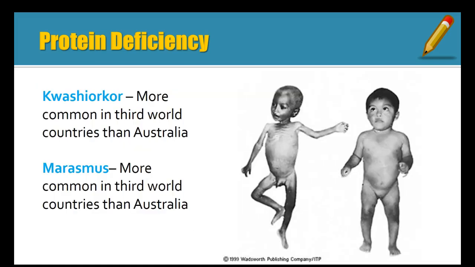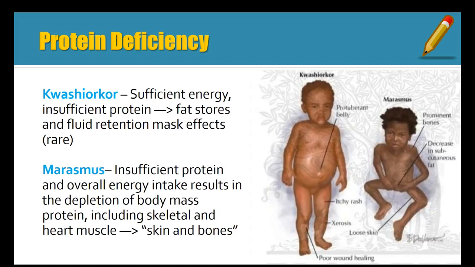So two protein deficiency diseases are kwashiorkor and marasmus. Kwashiorkor usually develops in third world countries, and marasmus is more common in third world countries and in Australia as well. So kwashiorkor is insufficient energy and as a result insufficient protein. So fat stores and fluid retention might mask the effect.